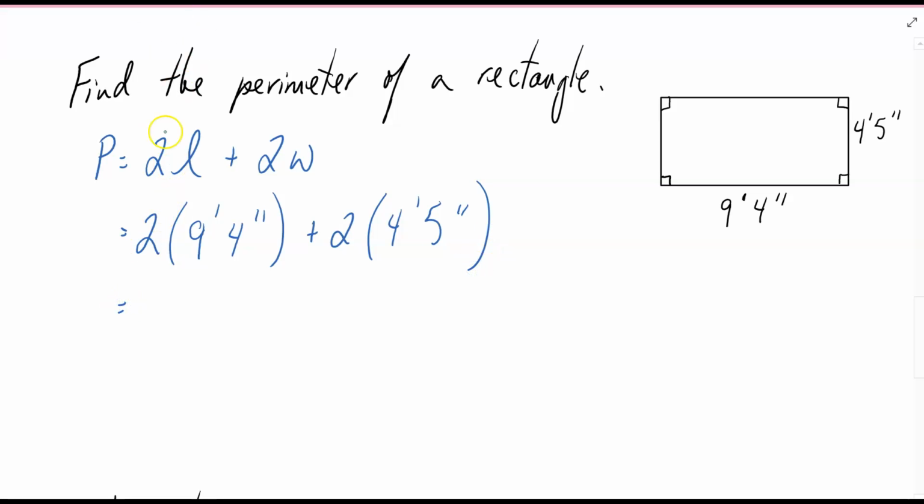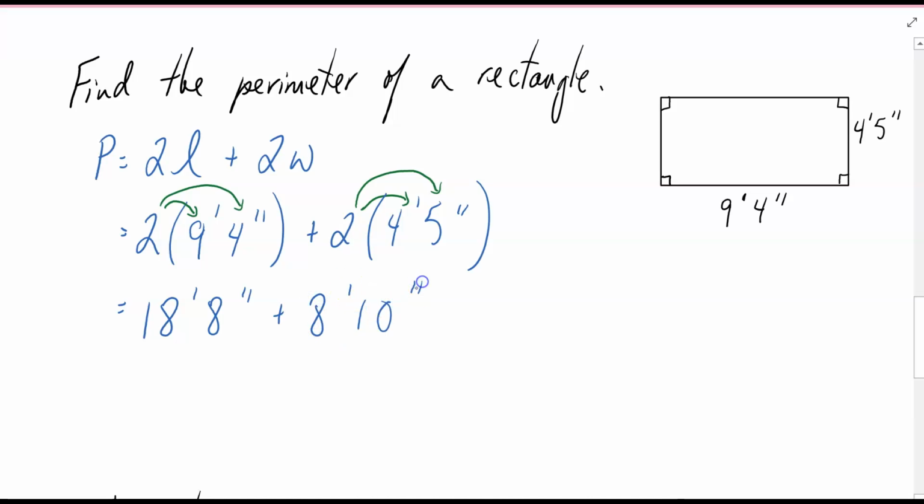Remember, we have to treat these different units almost like they're different terms algebraically. So 2 times 9 and 2 times 4 becomes 18 feet 8 inches, and we end up with 2 times 4 and 2 times 5, so that is 8 feet 10 inches.